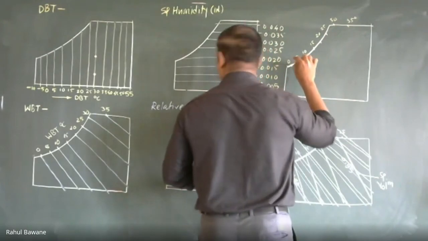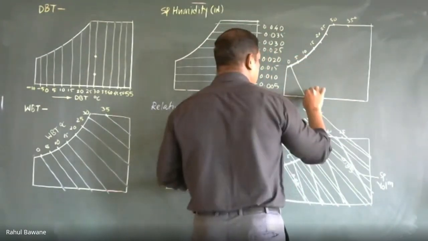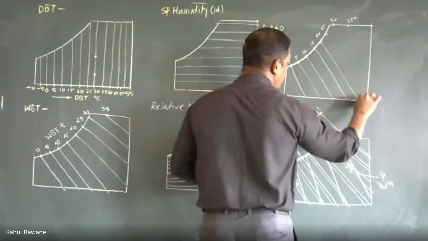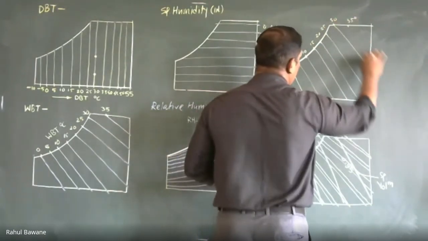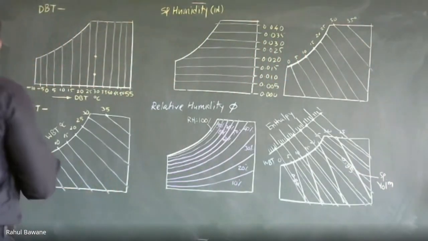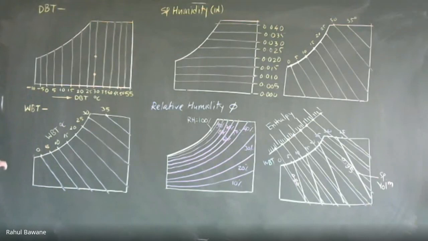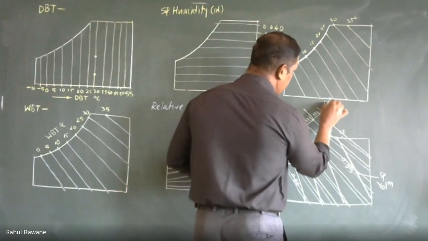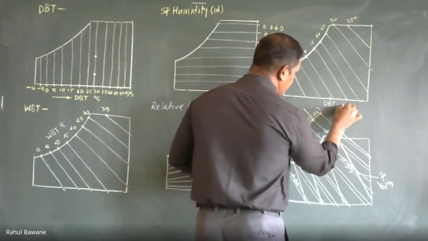Now, how does it represent? Suppose these are the WBT lines. Now, the dew point temperature. Suppose I have air having a particular DBT. Suppose this is DBT 40 degrees centigrade.